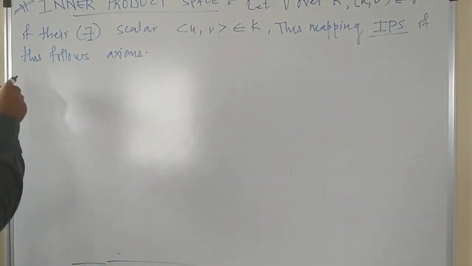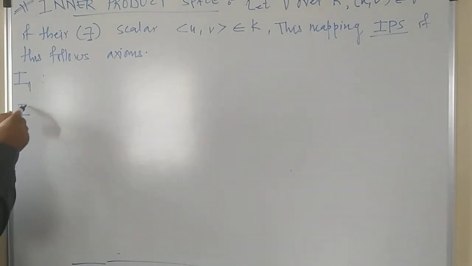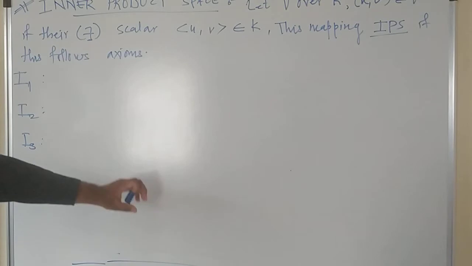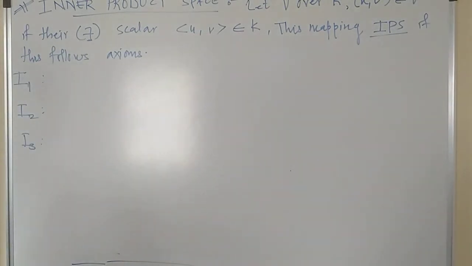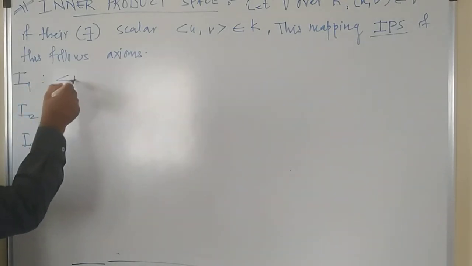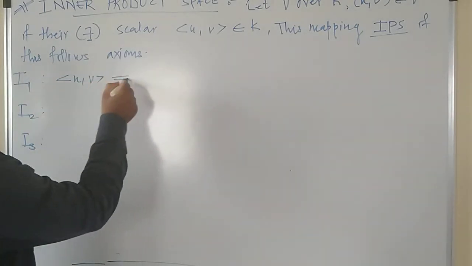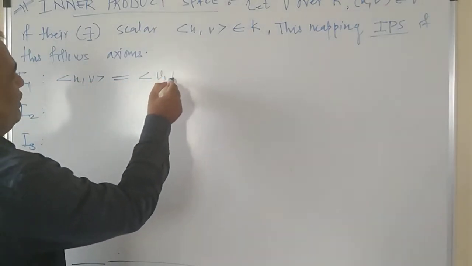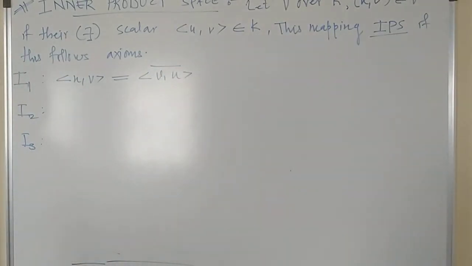There are three different axioms, so let me denote them I1, I2 and I3. If these axioms are followed, then this inner product of u, v is called the inner product. The first axiom is that the inner product of u, v is the conjugate of the inner product of v, u, and this conjugate is denoted with this sign.